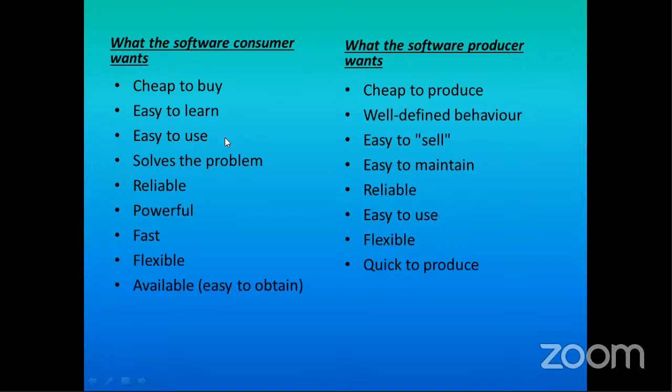Then to the producer: flexible. Consumer again: flexible. Another one that you want as a consumer: available. And then for you, the producer, what do you want last? Quick to produce.